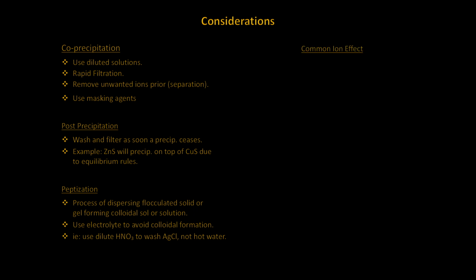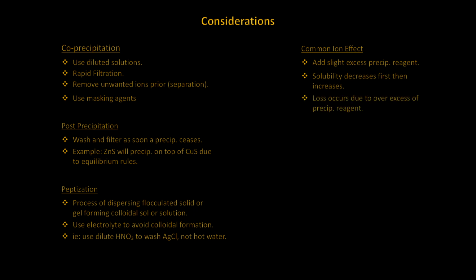The common ion effect must also be considered. To obtain a good precipitate, a slight excess of precipitating reagent is used. Now, at first, the solubility of the analyte decreases, but then will increase. Adding too much of the common ion, that is, precipitating reagent, produces complex ions.